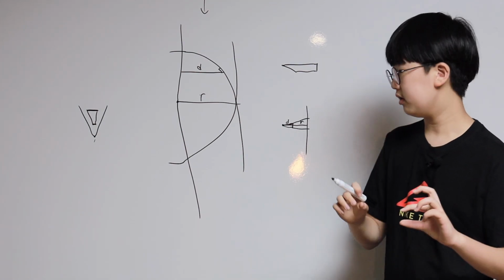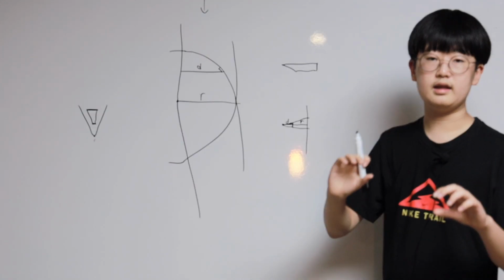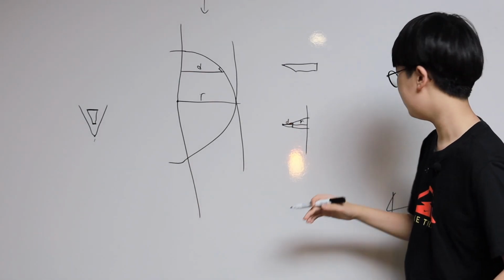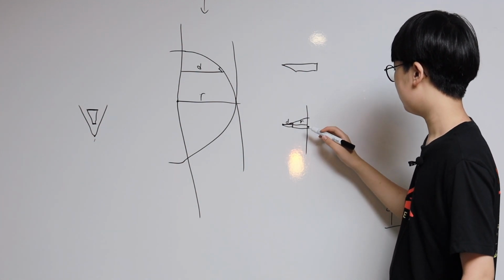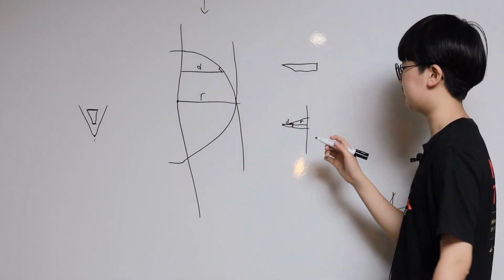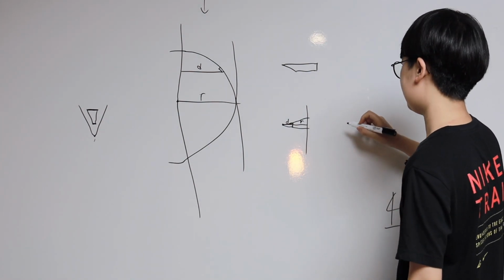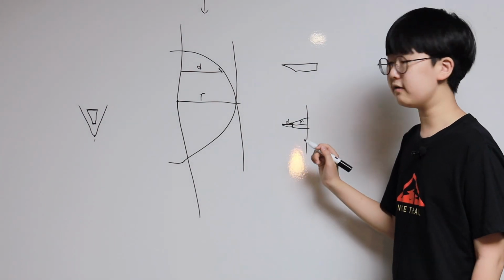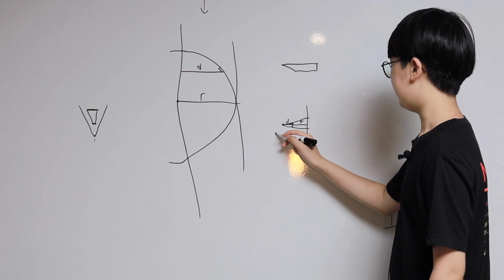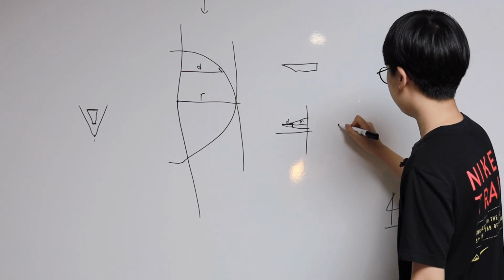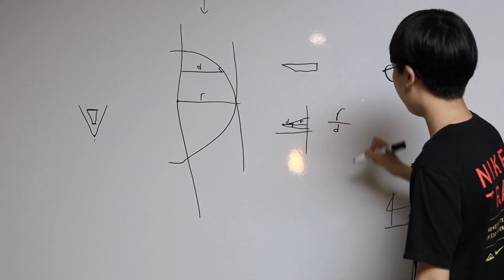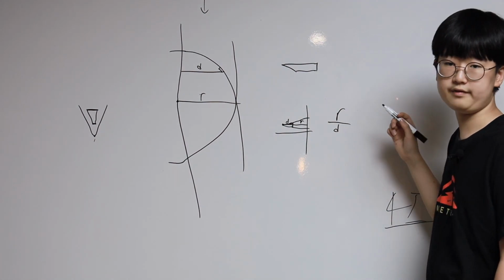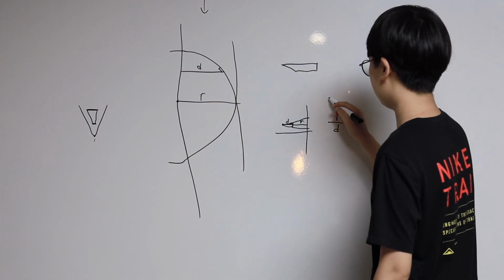If D is small, the length that increases is larger. So basically, we can write this as an equation. The scale factor of this happening is R over D, R divided by D.